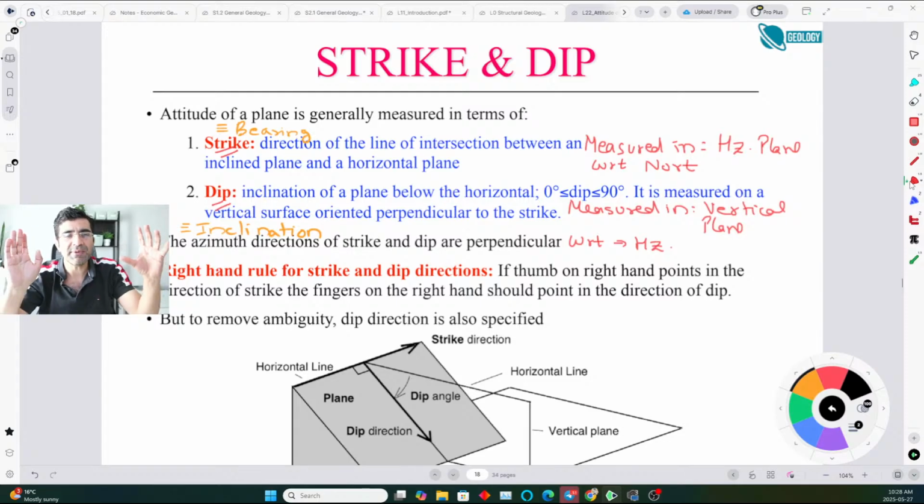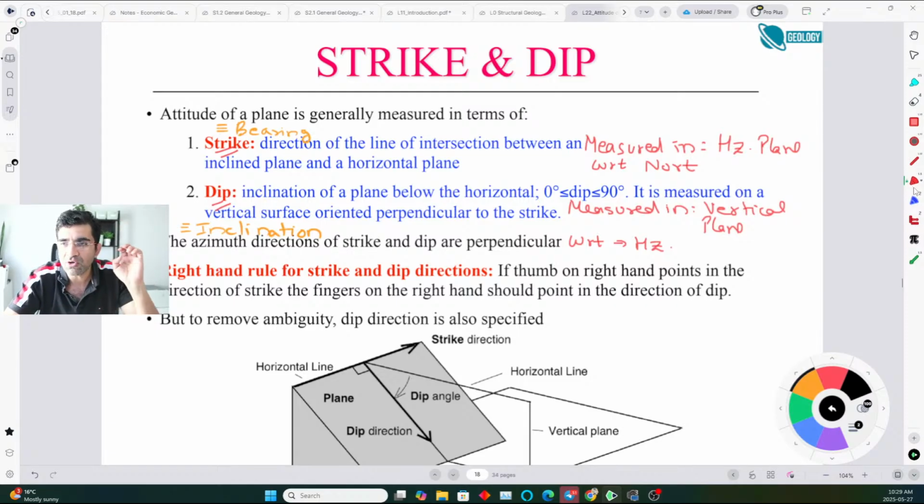A plane itself you cannot measure, like where the plane is pointing. You have to somehow get a line from that. Sometimes we will draw a pole to the plane, but to get the strike, the first step is to get a line.